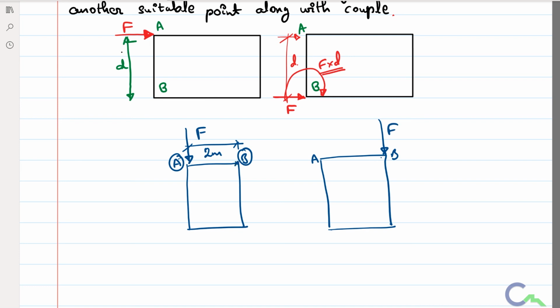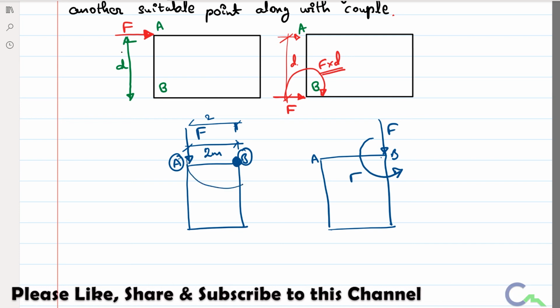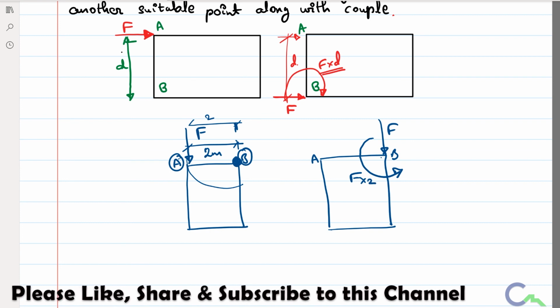That couple is from here to here, a distance of 2 meters. I have to calculate the moment at this point. This force is going to rotate in the anti-clockwise direction, so I have to introduce that. That value is F into 2. That is the couple.